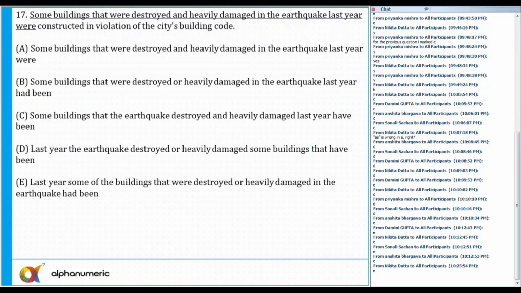The verb is wrong, because two things happened in the past. Last year there was an earthquake. Before the earthquake this building was constructed. So in the past something happened, and before that something else happened. Two things happened in the past, one before the other.